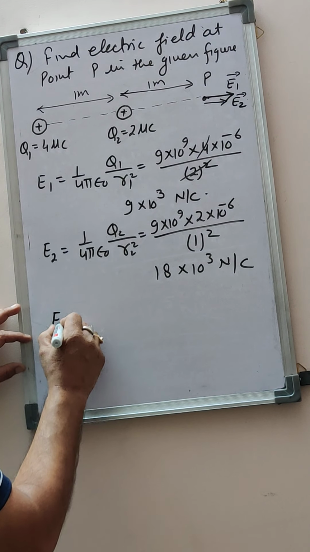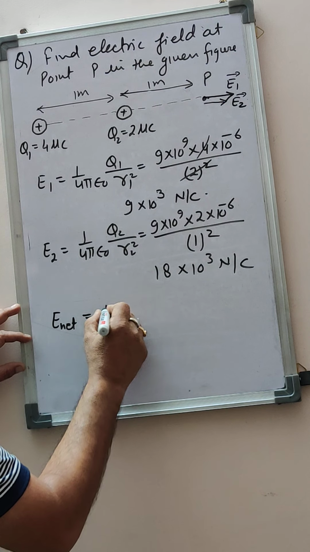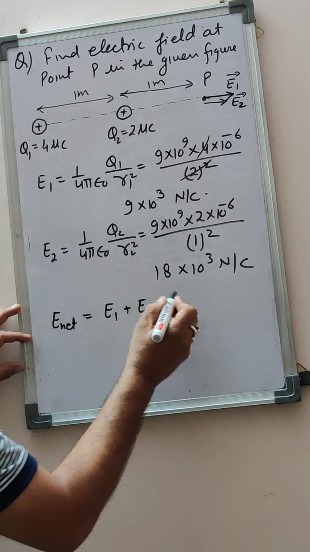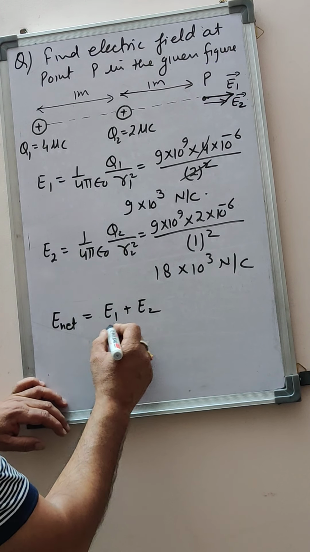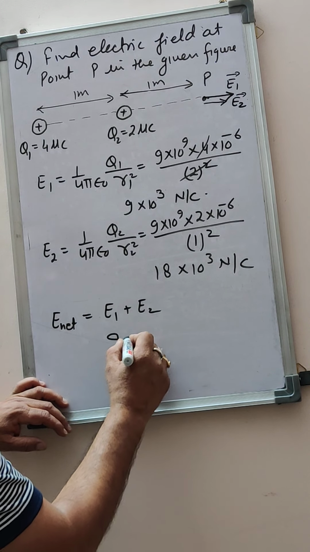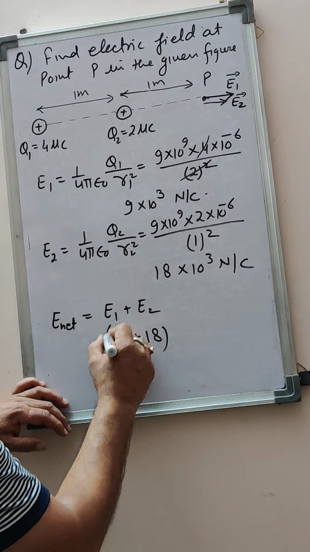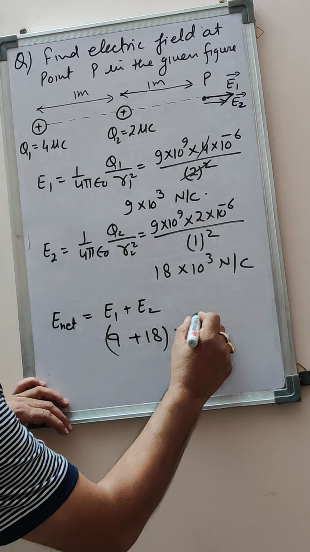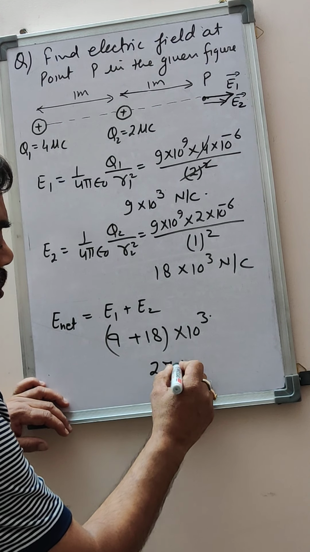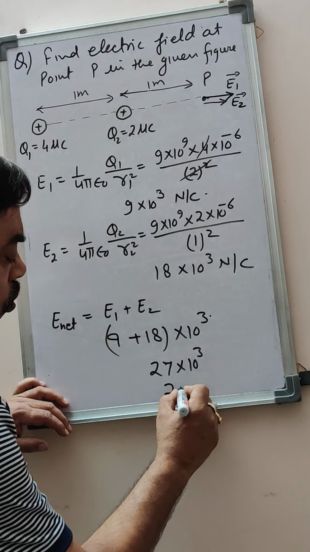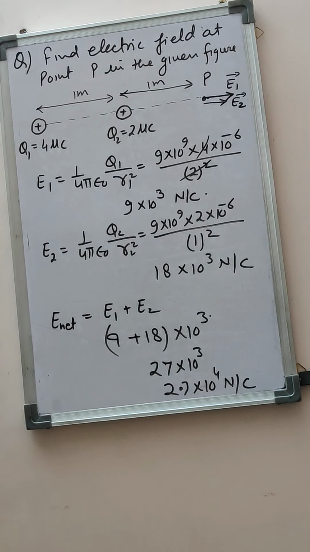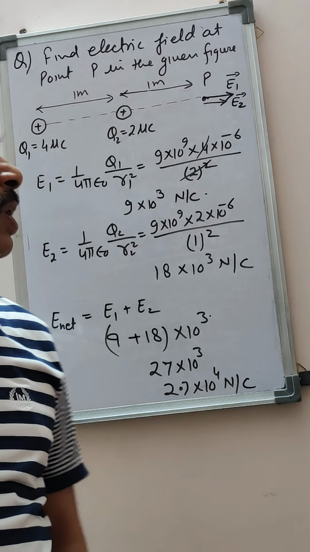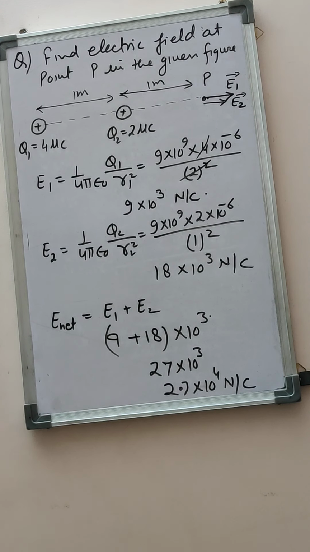So net field is E1 plus E2. When two vectors are in the same direction, you will take E1 plus E2. So E1 is 9, E2 is 18, 10 to the power 3 common, 27 into 10 to the power 3 or 2.7 into 10 power 4 Newton per coulomb. And direction is away from the charges. I think this is clear to you.